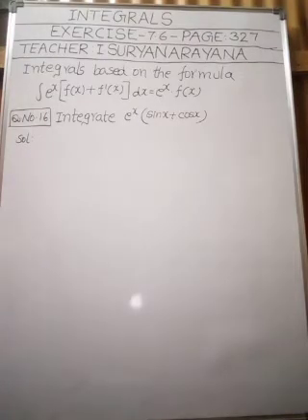Please do the remaining questions in this exercise, my dear children. Question number 8, question number 9, question number 10, question number 11, from question number 9 to question number 15. Use the integration by parts method.